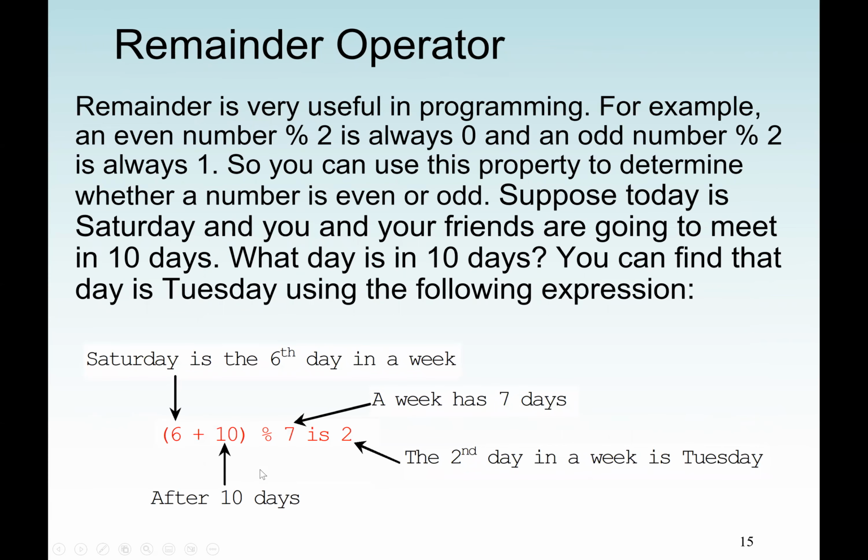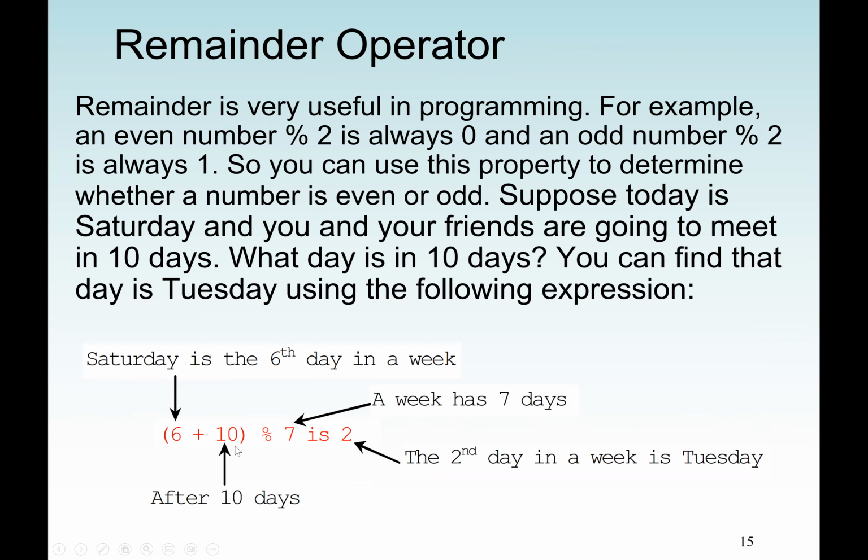So here again, the order of precedence is very important, same as in arithmetic operations. For example, if I have 6 plus 10 modulus 7, the first thing we need to do is 6 plus 10, which will give me 16. 16 modulus 7 will give me 2. Why?